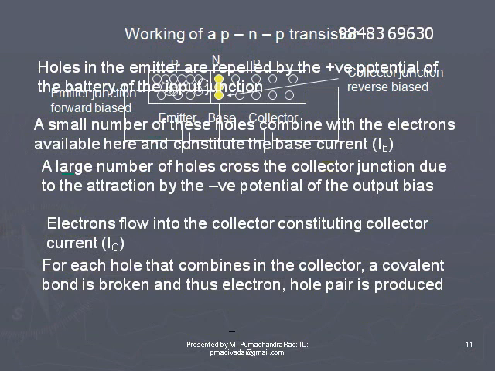For the combination of each electron-hole pair, a covalent bond will be broken in the emitter, and thereby electrons will be attracted by the emitter bias and a current flows in the bias, that is the emitter current.